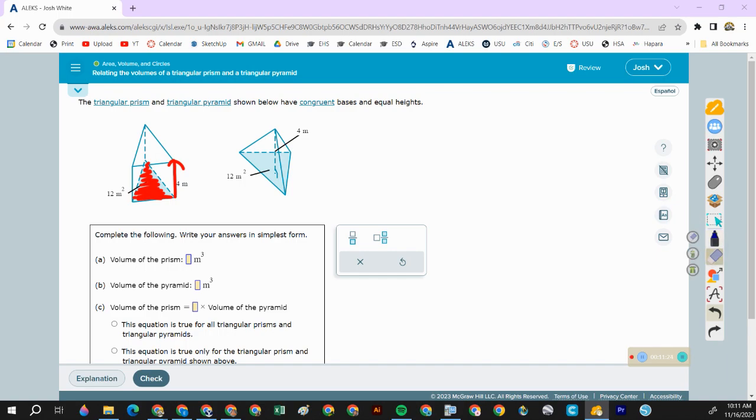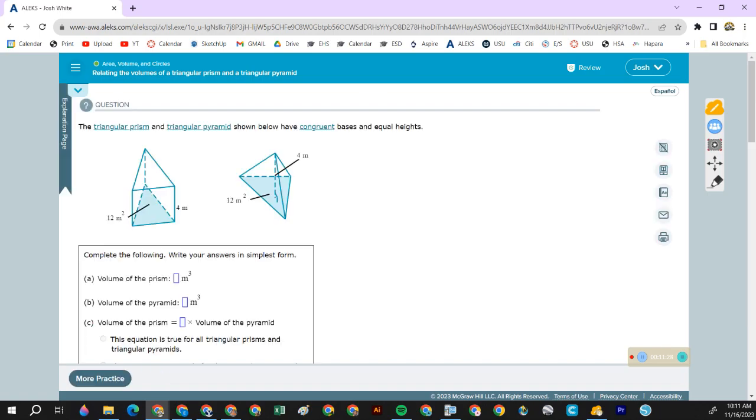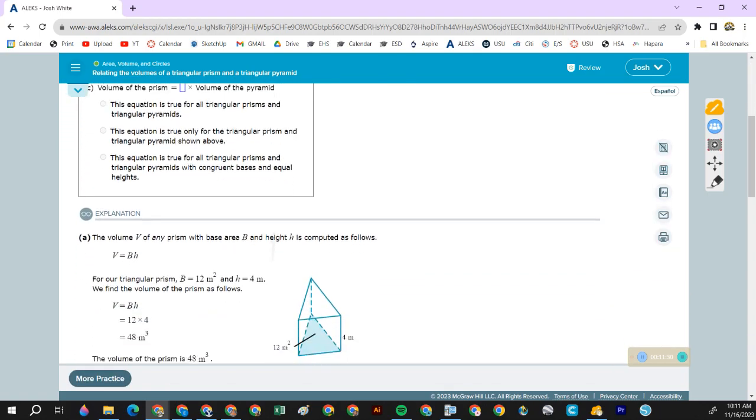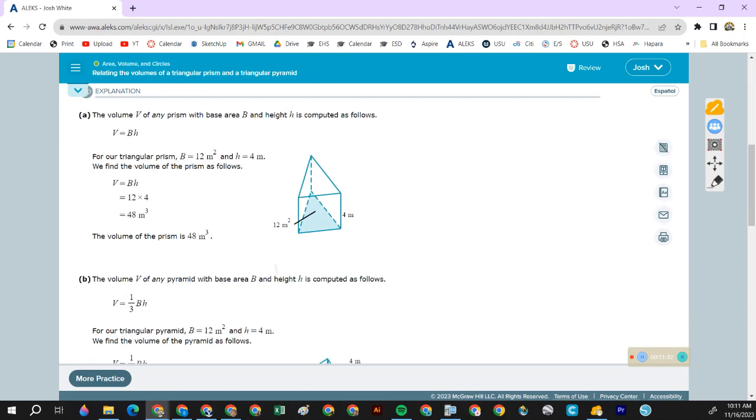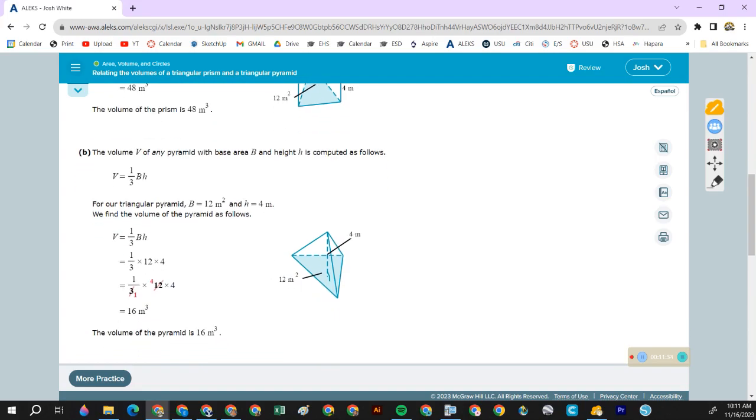Okay. And then the equation for the triangular pyramid is right there. So just like the rectangular pyramid, you take the area of the base, you times it by the height of the entire figure. So in this case, the base has an area of 12 meters squared.